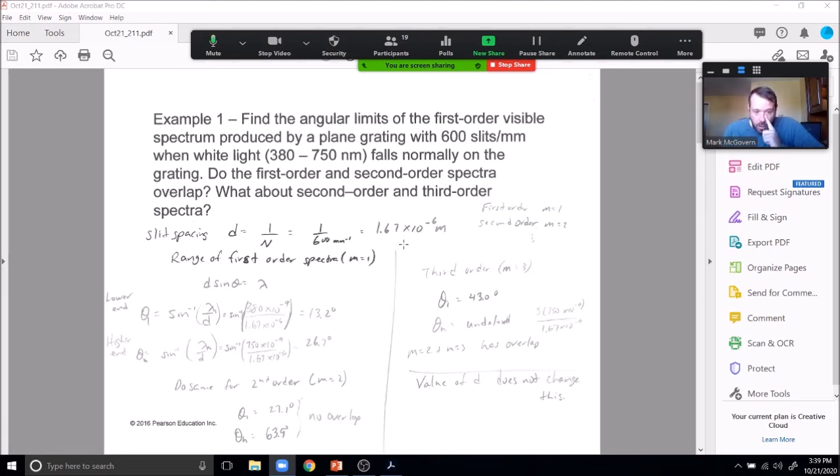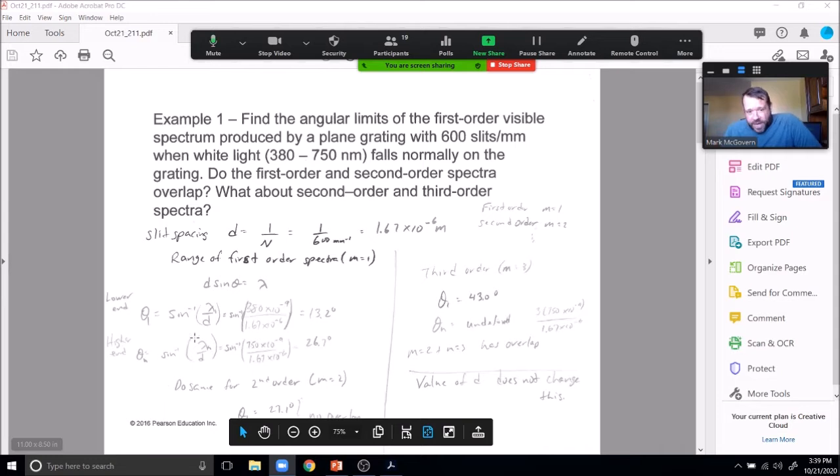So now what we're going to do is take our range of wavelengths here. The 750 is going to have the largest angle, and the 380 is the smallest angle. This is a little bit outside visible wavelengths, but we'll just go with it.